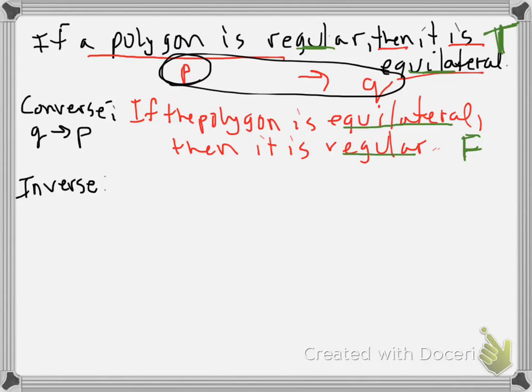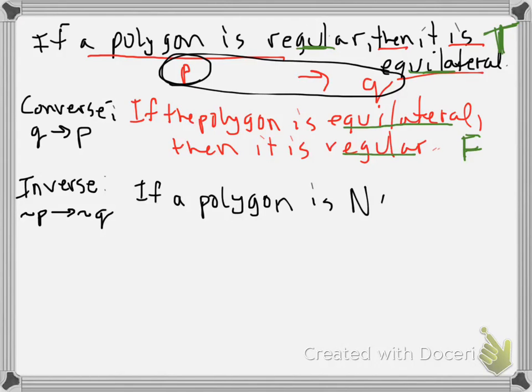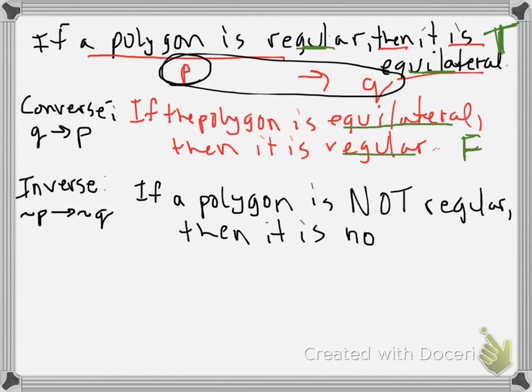If P, then Q is not P, so negate it, then not Q. So I would write, if a polygon is not regular, then it is not equilateral.